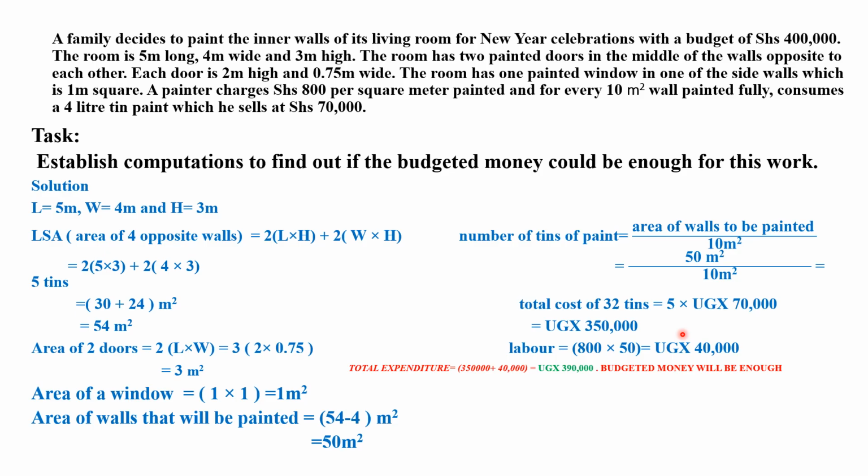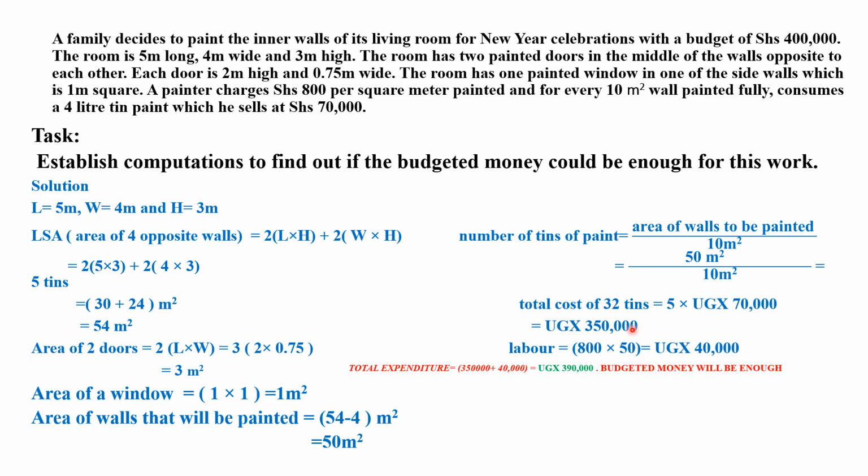So it means that we shall need here a total of 350,000 shillings as our total expenditure on tins, all on paint.